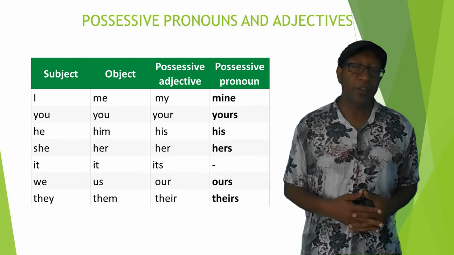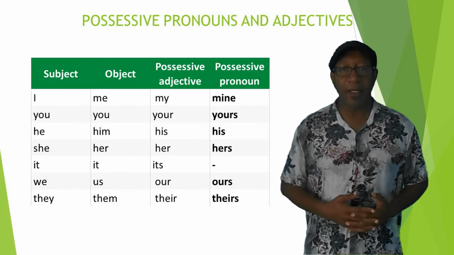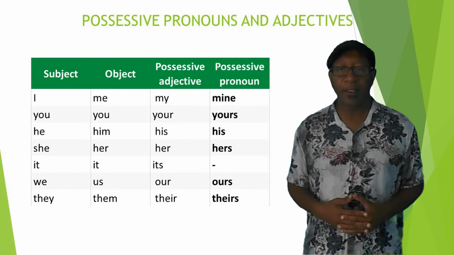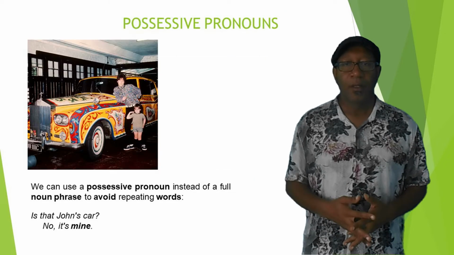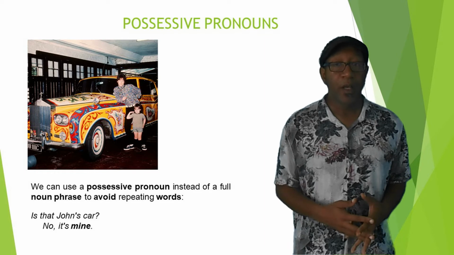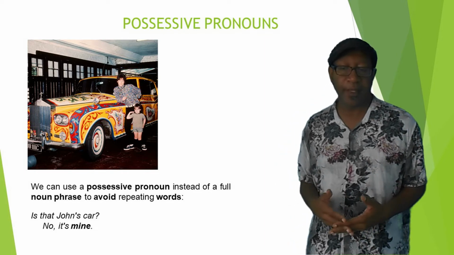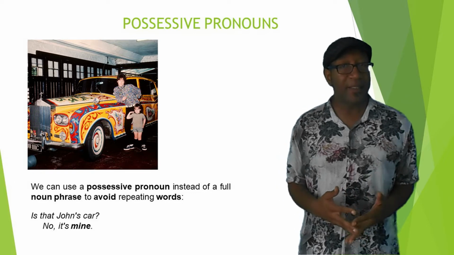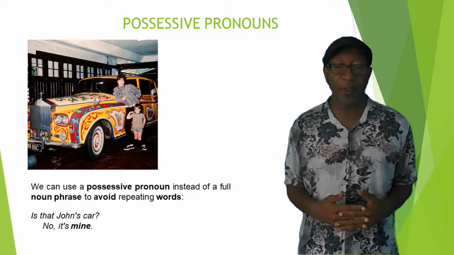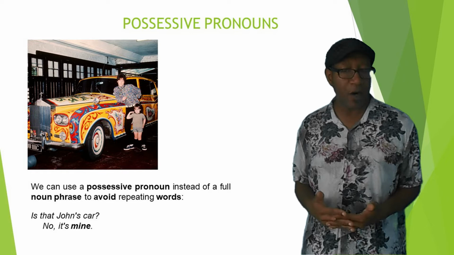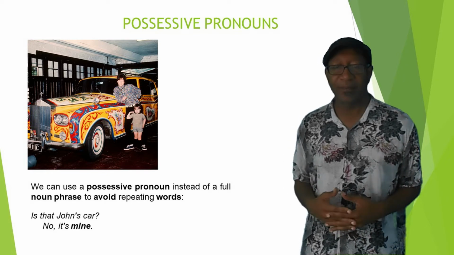Now I'm going to show you some examples of when and how to use them in the English language. Talking about possessive pronouns, we can use a possessive pronoun instead of a full noun phrase to avoid repeating words. We have an example here. Is that John's car? No, it's mine.